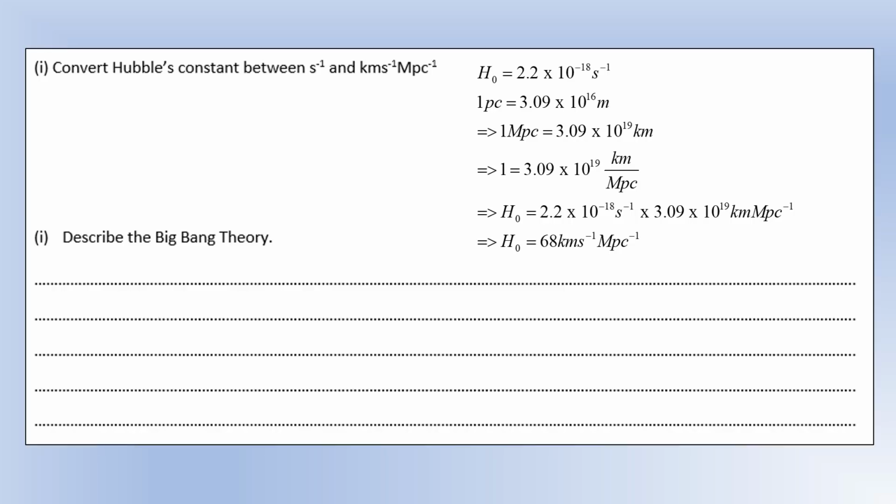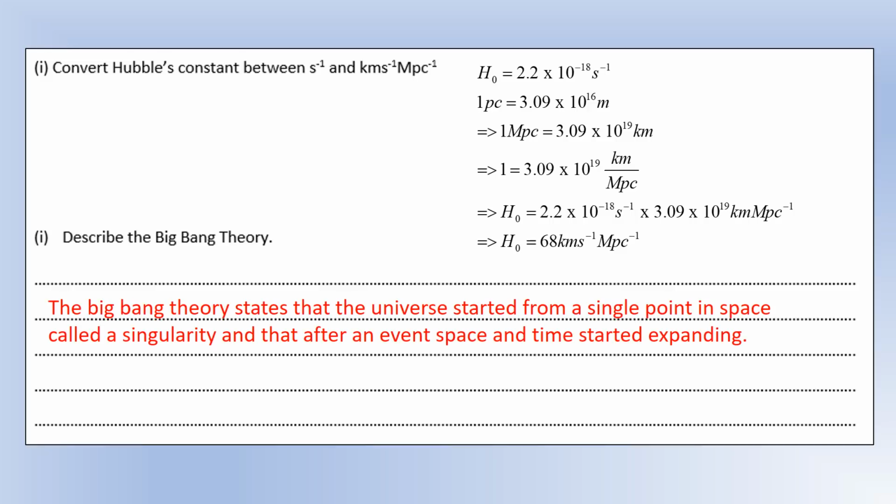I multiplied the 2.2 times 10 to the minus 18 by 1, effectively, and you can see that when we lump all the units together, we get kilometers per second per megaparsec, and we get it as a value of 68, although the precise value of Hubble's constant has still not been identified. It still has quite large uncertainty, which is why our understanding of the universe is not as good as it could be.